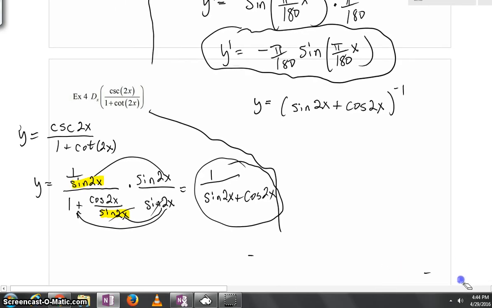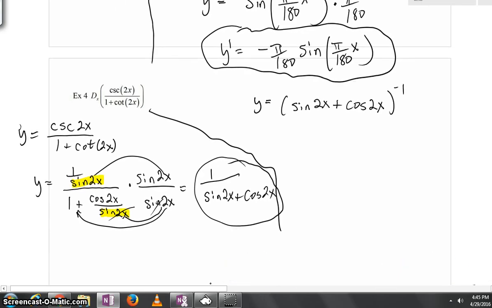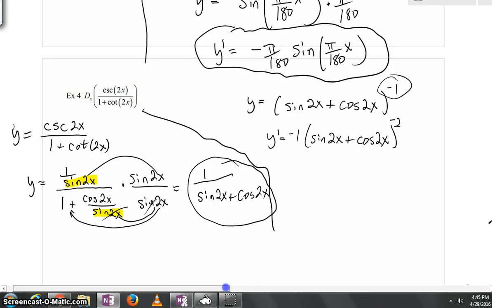So right now, very much like the problem that we began the lesson with, we'll take our derivative of the outside. You can see on the outermost we've got a -1 power. So we'll say y prime is -1. Then we'll have sine of 2x plus the cosine of 2x, and we're going to have to raise that up to the negative 2 power.